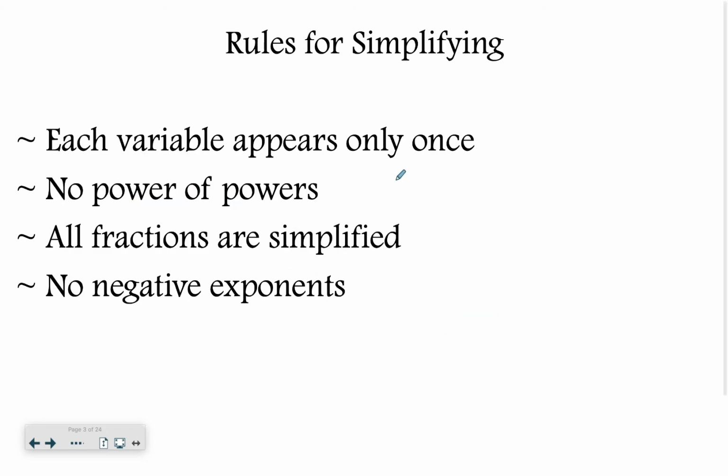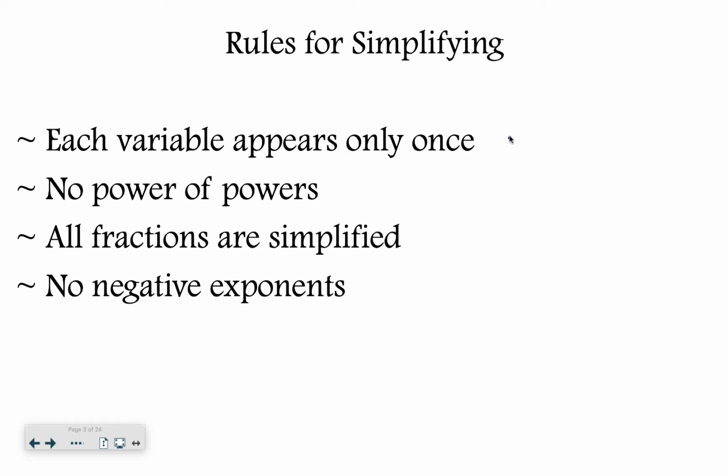Let's talk about rules for simplifying. These are really important to write down, because if you don't follow these, you're going to get a lot of things wrong and you're probably going to get really frustrated. For your answer to be simplified, which means everything needs to be in the simplest form, each variable only appears once.